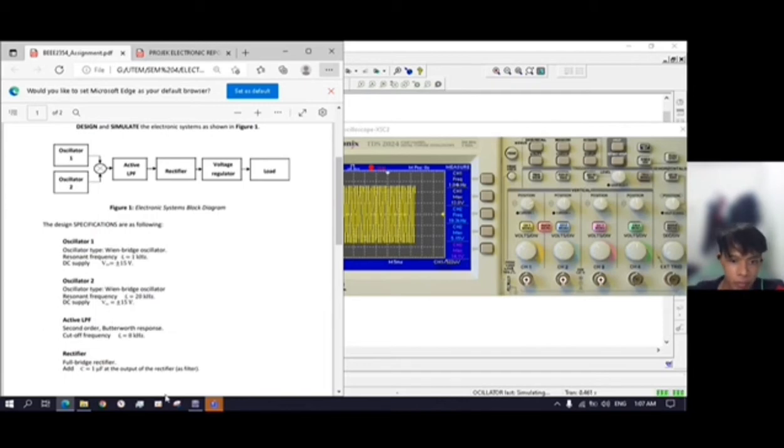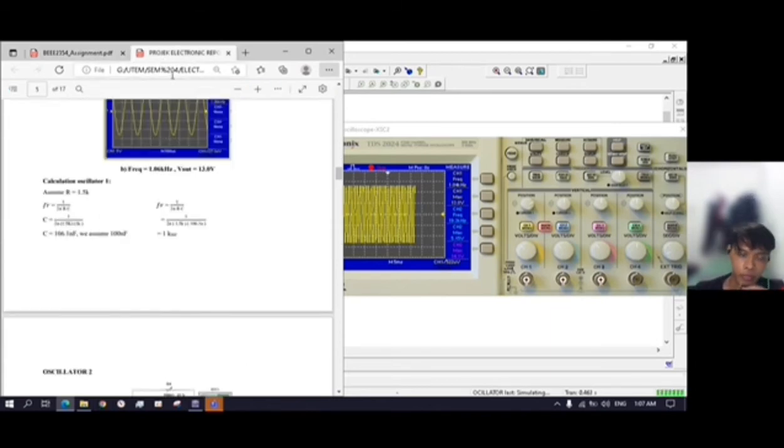Before we construct the circuit, we have to do a calculation. For oscillator 1, we assume the resistor is 1.5 kilo ohm, and then put the resistor in the frequency equation.